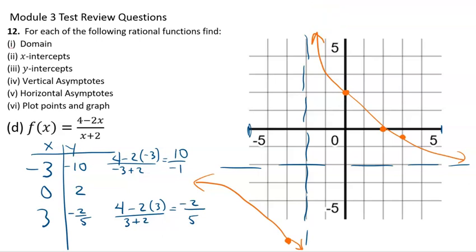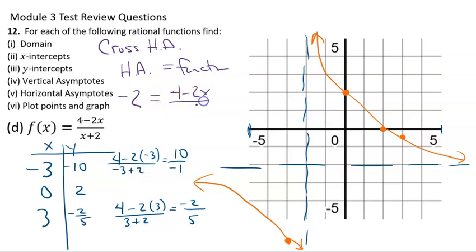Now, one thing I haven't been addressing, and I keep saying I'm going to, is: does the graph cross the horizontal asymptote? To do that, all you do is set the horizontal asymptote equal to your function. So the horizontal asymptote is down here at -2, equal to (4 minus 2x) over (x plus 2), and I solve that equation.